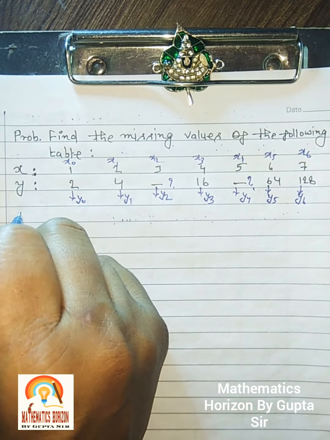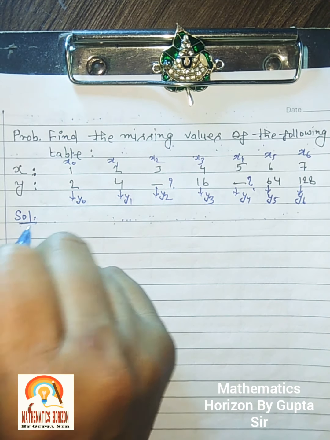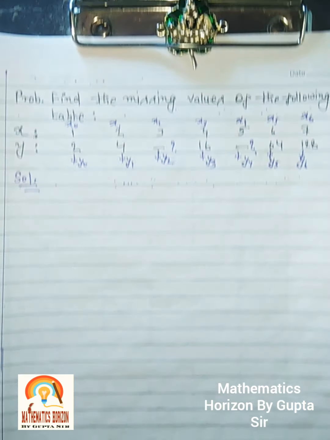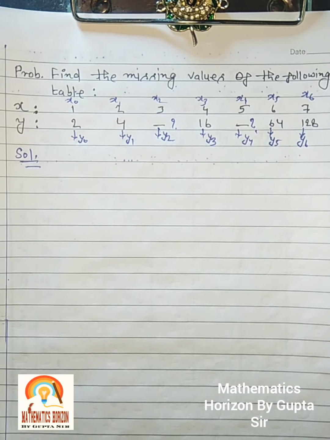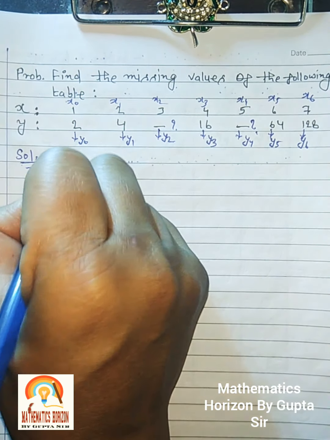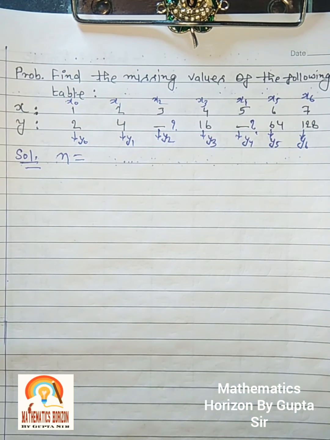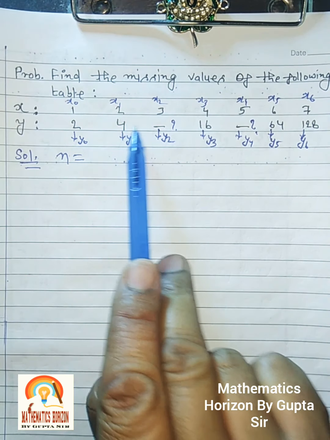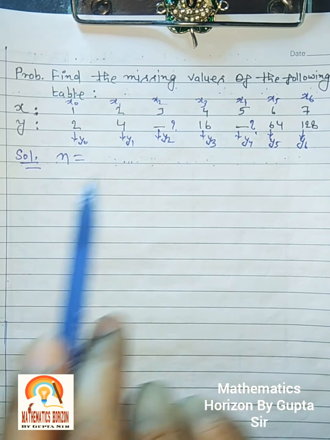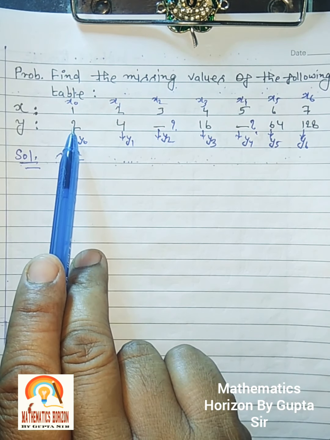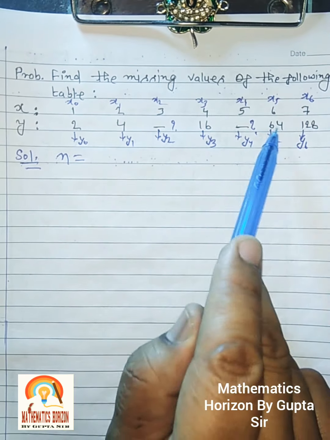Now we have to find out these two missing values by using Newton binomial method. Here, what is the value of n? Total given values: here total values are 1, 2, 3, 4, 5, 6, 7, but out of 7, total given values are 1, 2, 3, 4, 5.